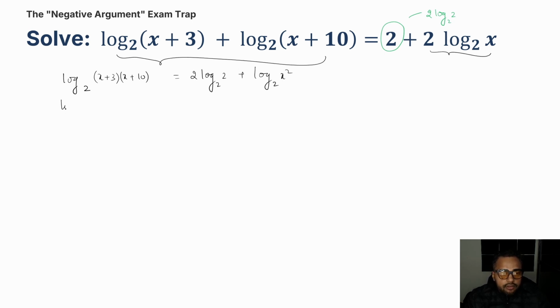Now the left hand side will be written as it is. Here we'll expand the argument. So we'll get x square plus 13x plus 30 equals, here we'll apply the reverse of power law in the first term. So it will be log of 2 square base 2 plus log of x square base 2. Okay. Now again I'm writing the expression here.